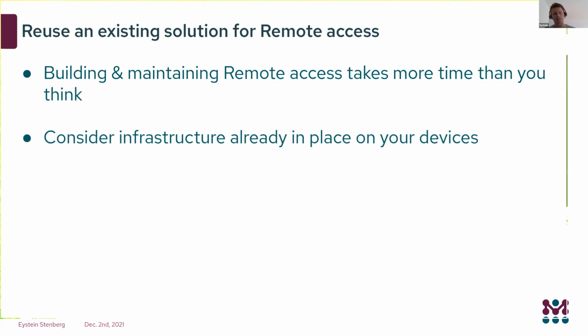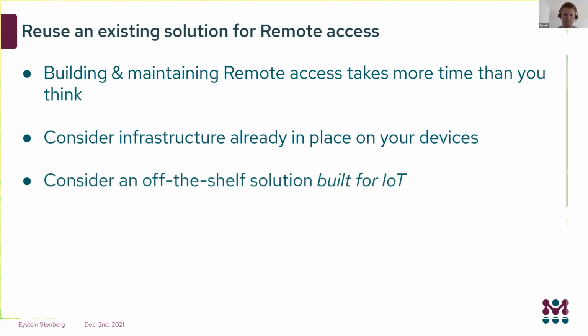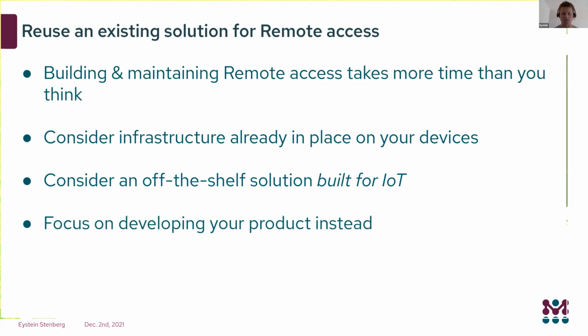So consider the last slide: what you have already, something you can reuse, and off-the-shelf solutions built for IoT. This would be my last comment, because then you can spend your time on developing what you really want to do instead of maintaining all this infrastructure, which can be quite a bit of work long term.